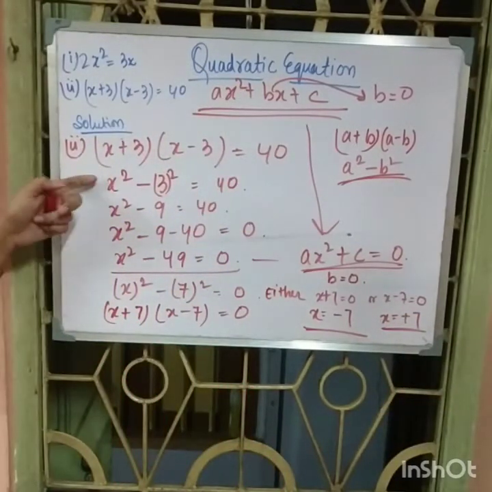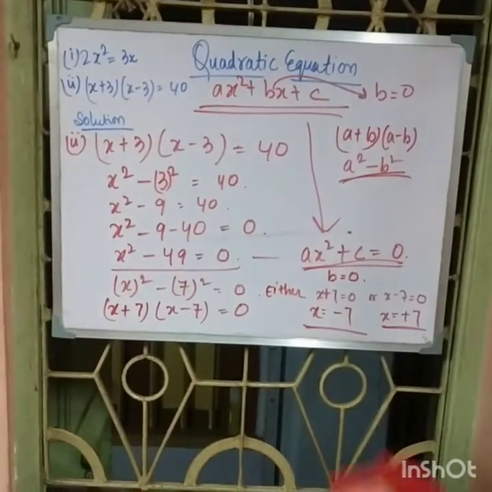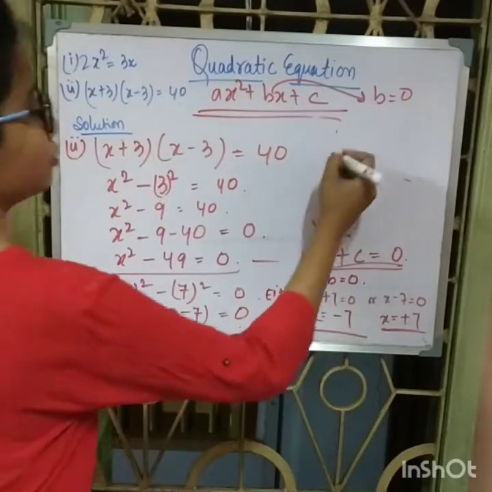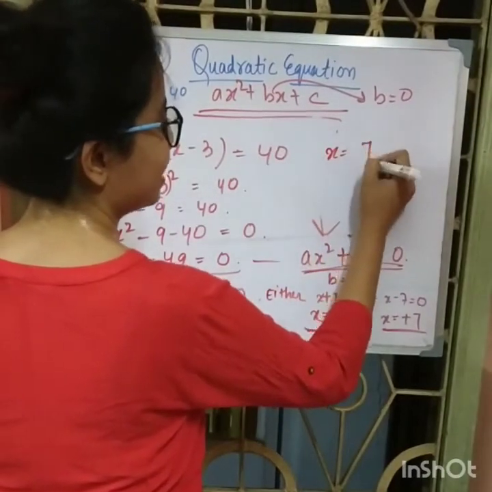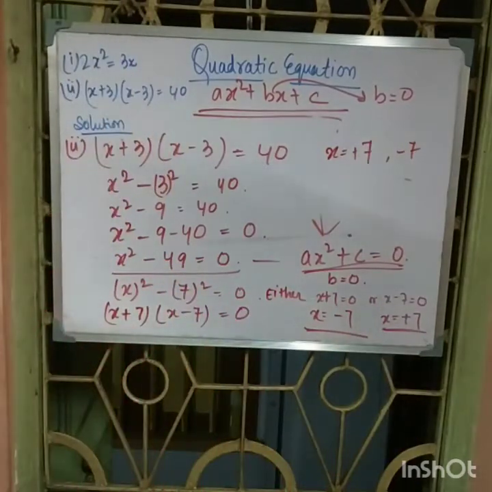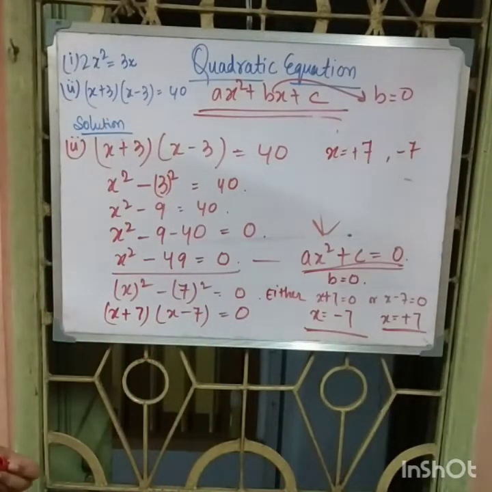So this equation has two solutions, x is equal to plus 7 and x is equal to minus 7. Okay? Is it clear? I hope it's clear.